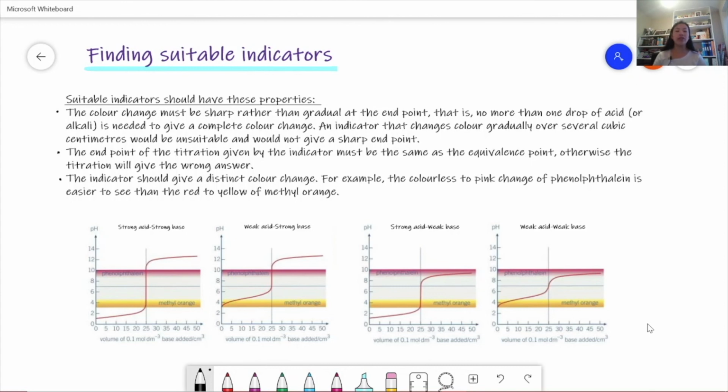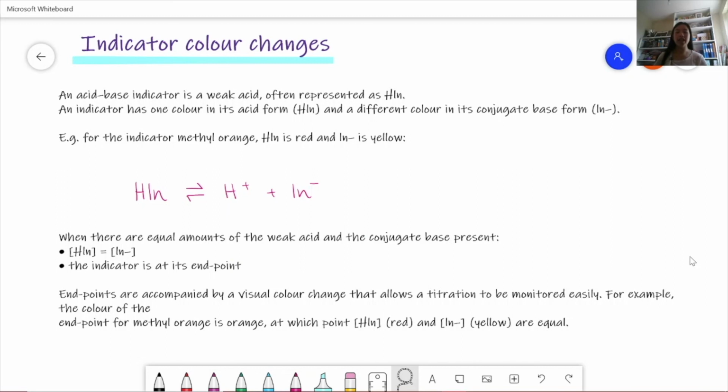And for the last curve, between a weak acid and a weak base, both of the indicators are not suitable because they change colour either at too low a pH or too high a pH. And so that's why we can't really titrate a weak acid and a weak base, because we can't tell when the endpoint is.